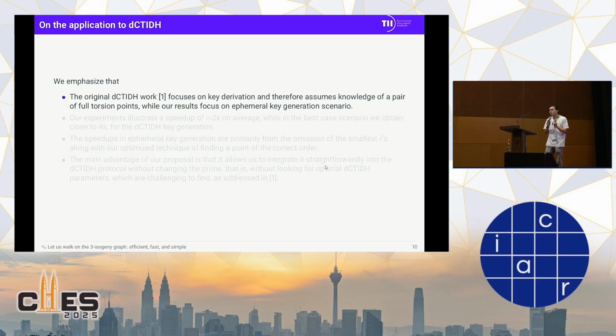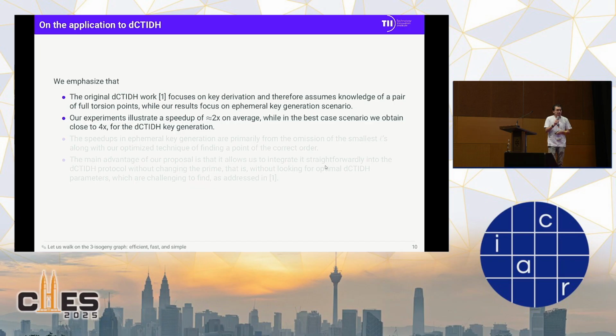We highlight that the proposal by Andreas is completely focused on the group action. That means that it's just in the key derivation, in other words, in the derivation of the shared secret from the Diffie-Hellman algorithm. We focus here just on the key generation, where you need to find the order of this full torsion point.